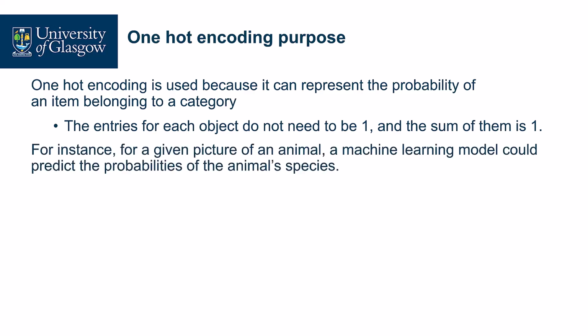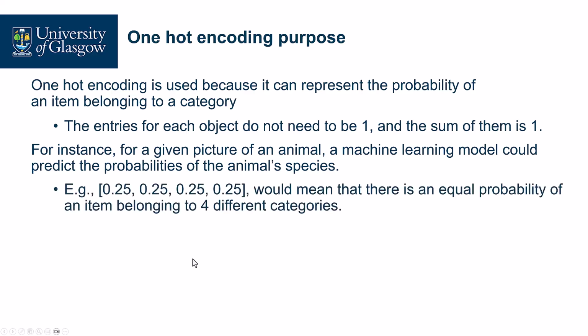So for example, for a given picture of an animal, a machine learning model wants to predict the species of this animal. So it can provide the probabilities of this animal belonging to each category. So sometimes we may have all the 4 categories at 0.25. So this means equal probability of these 4 categories.